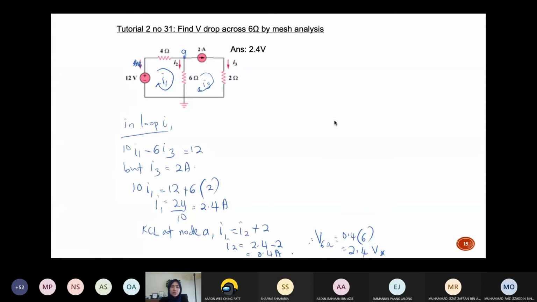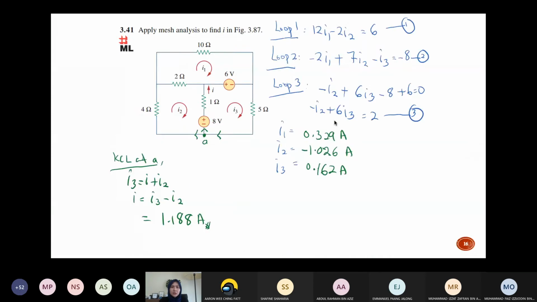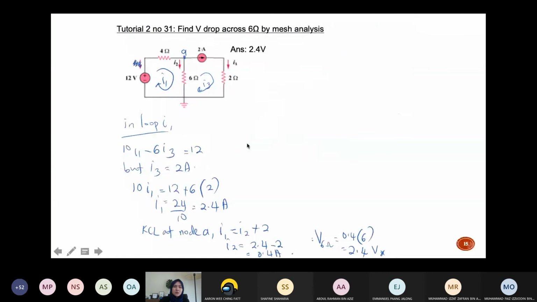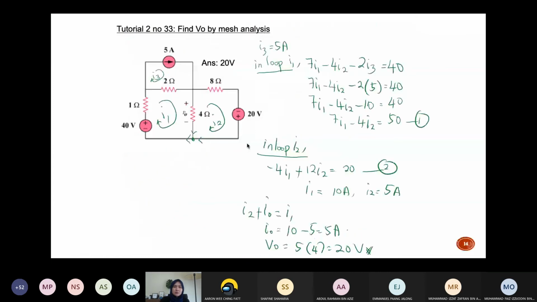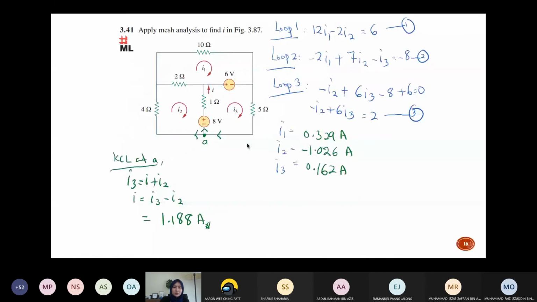So this is tutorial 2 number 31, and lastly you can also try this one. This is an example from the study cook textbook, if I'm not mistaken. So you try these 3 examples by yourself.